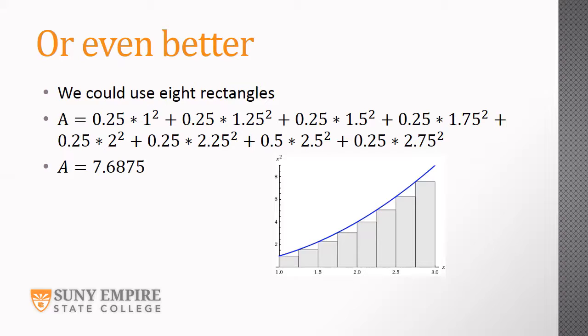And if we split the region into 8 pieces, the width of each rectangle is 0.25. Since we are using inscribed rectangles, the height of each rectangle is given by the function value for the left endpoint for each. Plugging in and completing the calculations, we find an approximation for the area of 7.6875 square units.